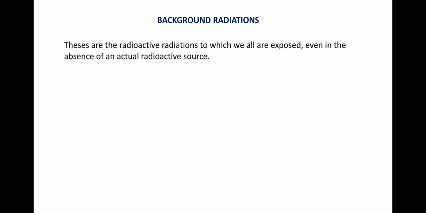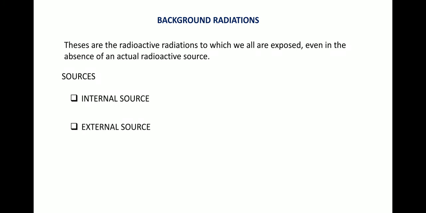Background radiations. The background radiations are the radioactive radiations to which we are all exposed even in the absence of an actual radioactive source. Some of the sources of background radiations are the internal source and the external source.